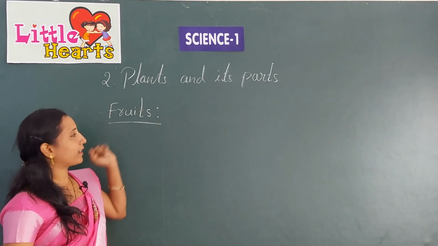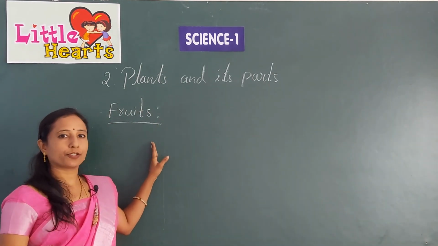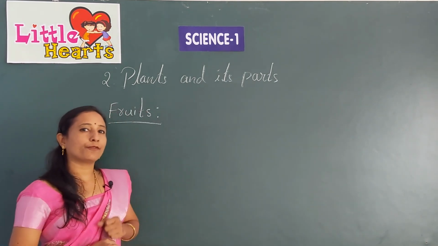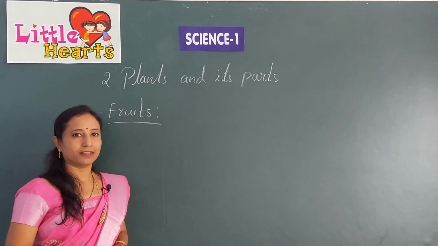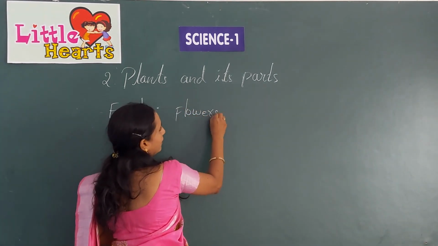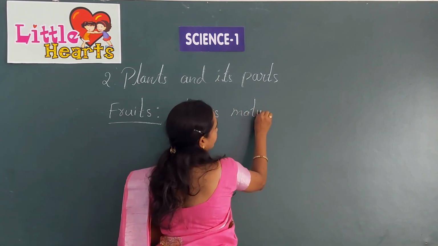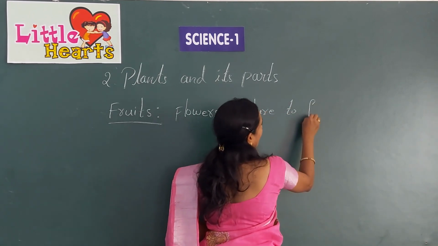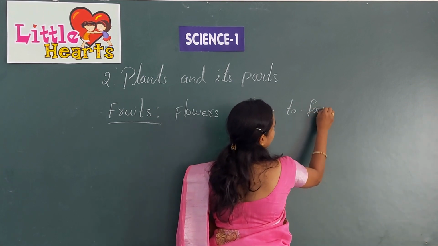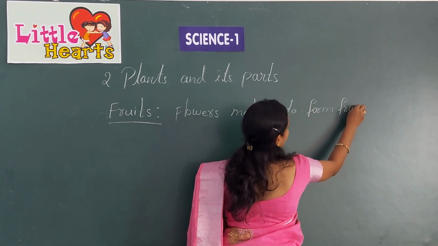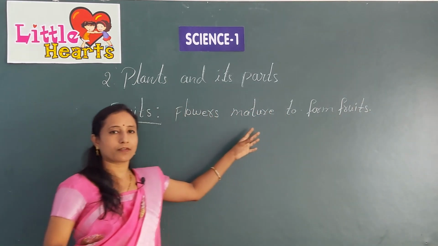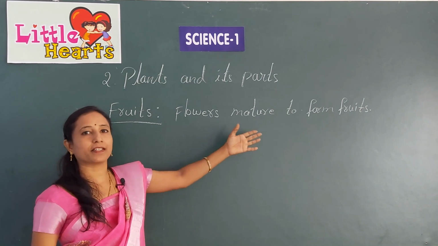How do we get these fruits? Flowers mature to form fruits. Yes. Then what do fruits have inside? Flowers mature to form fruits. So most of the plants or trees give us fruits.